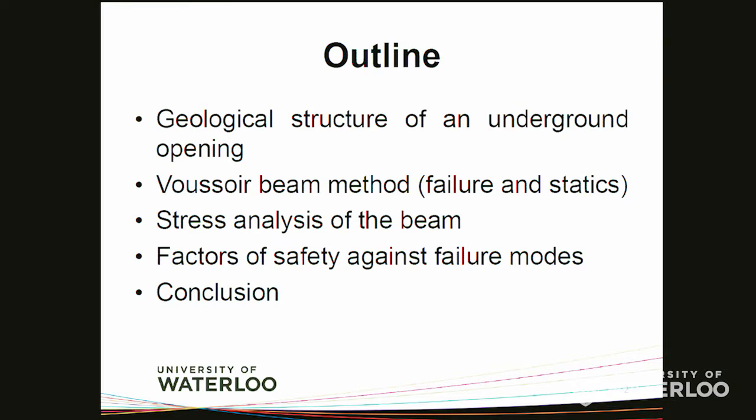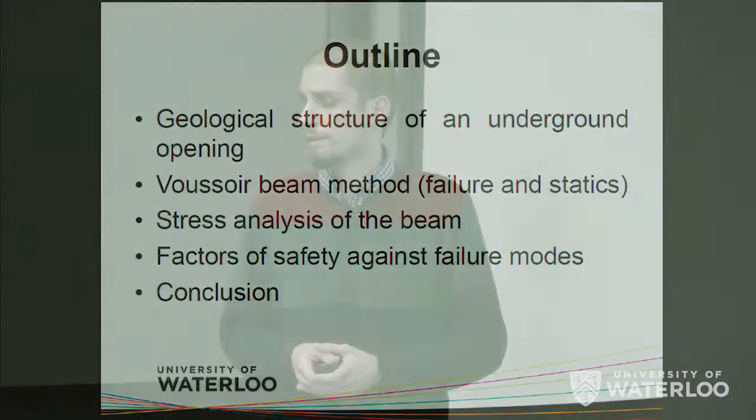And then a stress analysis of the beam, which is more kind of a verification of this model, and then factors of safety against failure modes. The thing is that we try to solve the stability assessment problem to come up with some safety zones for the roof layer. So we define some factors of safety and some diagrams to try to keep the roof layer stable. And then the conclusions of this method, as much as we can talk about it in this presentation.